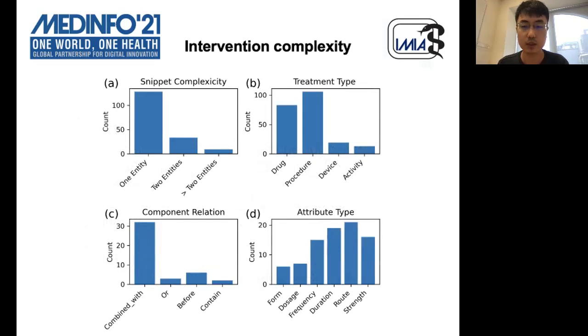For the component relations, we identified 43 interventions with the predefined relations, and combined with appeared the most times. As for the attribute types, frequency, duration, route, and strength appeared more than 10 times, whereas form and dosage have 6 and 7 counts respectively.